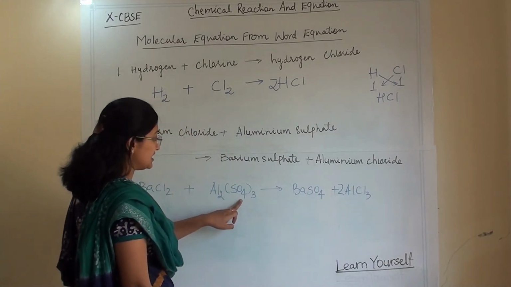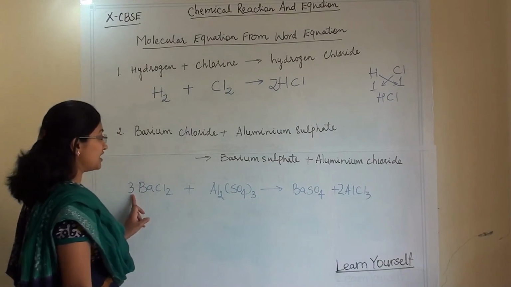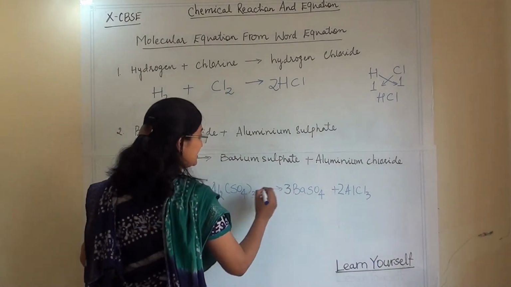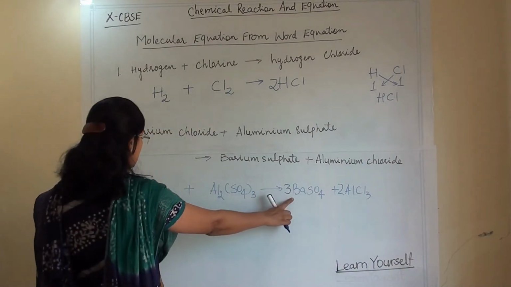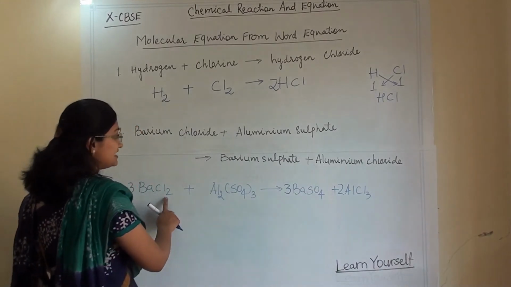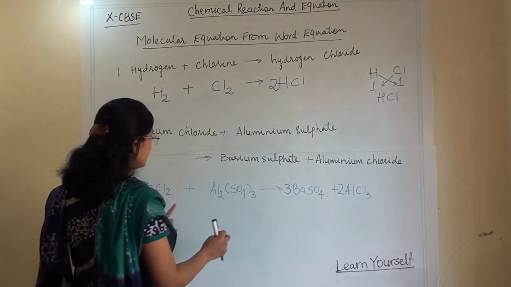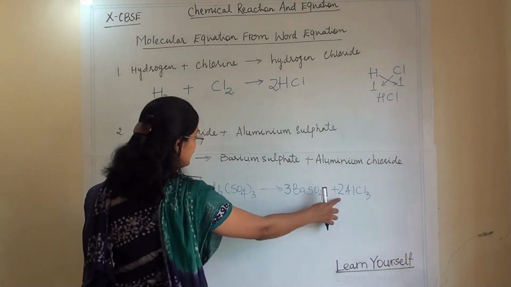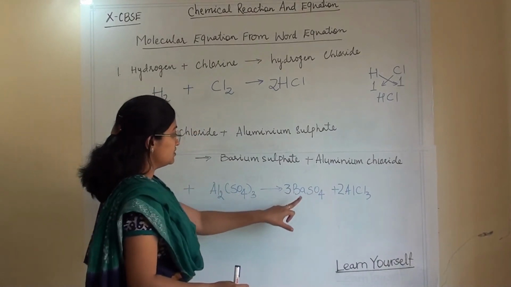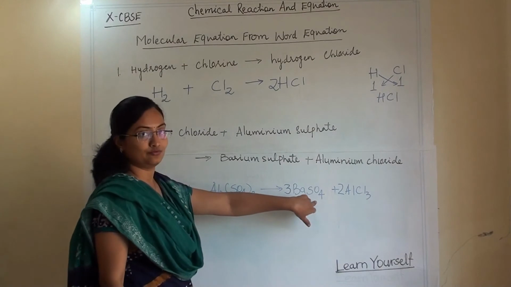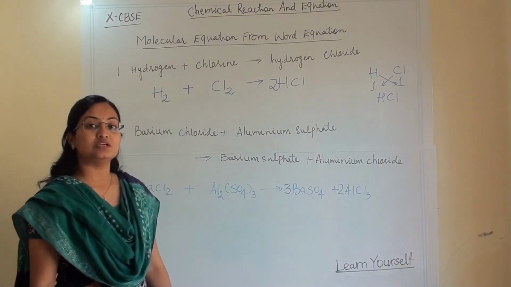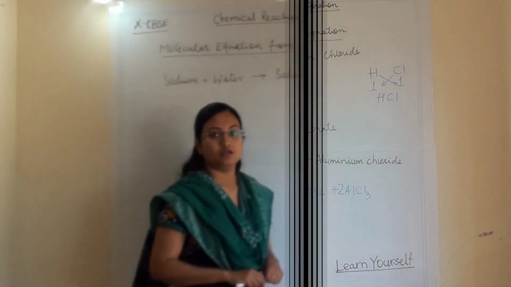SO4 is 3 here and Ba we also require 3. So while adding 3 here, the Ba has been balanced. Cl is 6, it is balanced. Al2, Al2, SO4 3. So this 3 will go with SO4. So our equation is balanced.